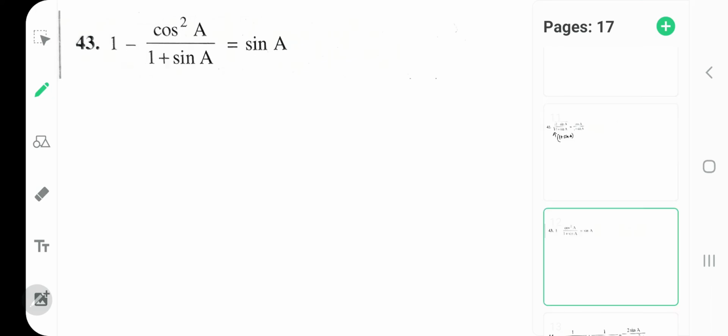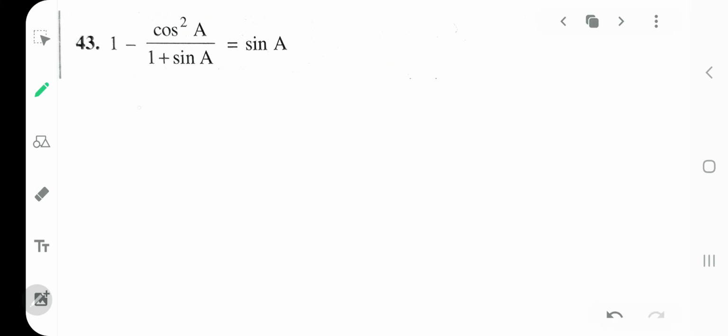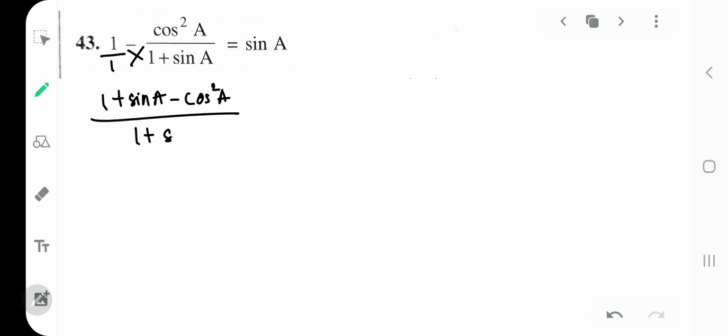Let's jump on to problem number 43rd. For 43rd, you have 1 minus cos square A upon 1 plus sin A. There's nothing means 1 here. So I'll be taking LCM obviously. That will be 1 plus sin A cross multiplied minus cos square A upon 1 plus sin A. Now my dear kids, for 1 minus cos square A, can I write sin square A?